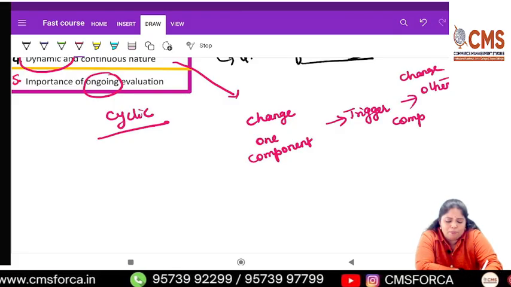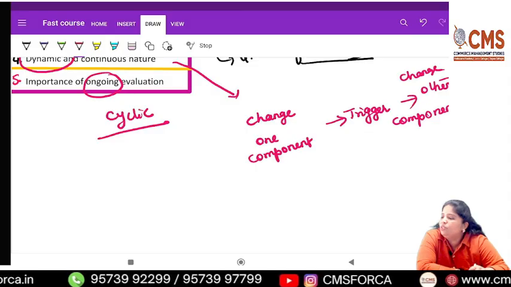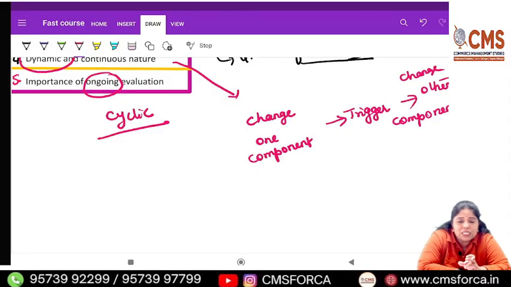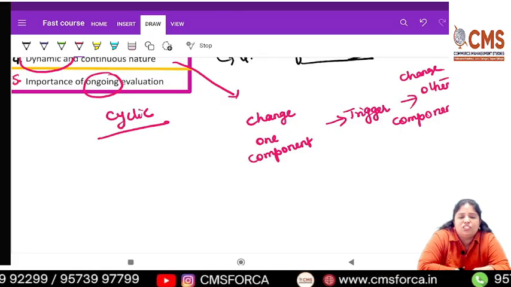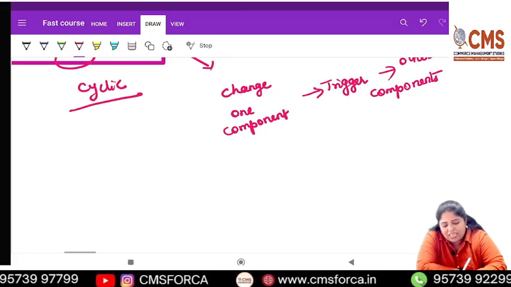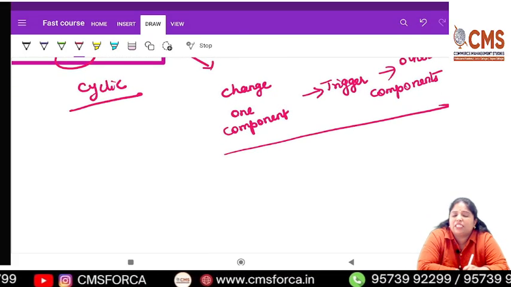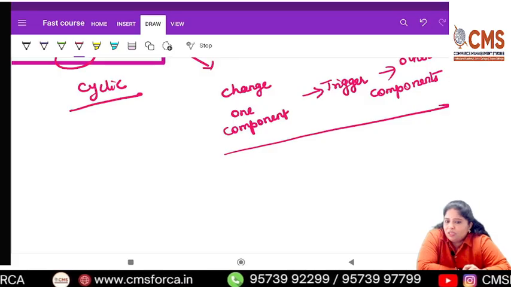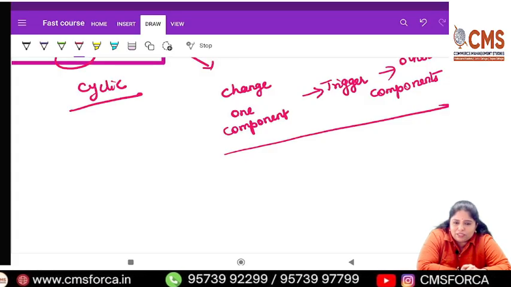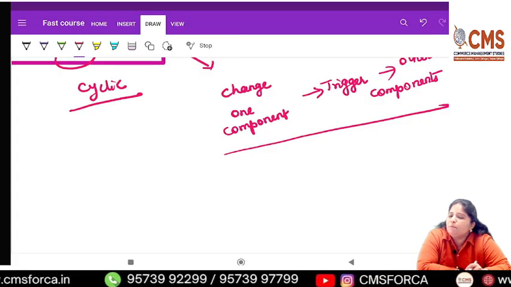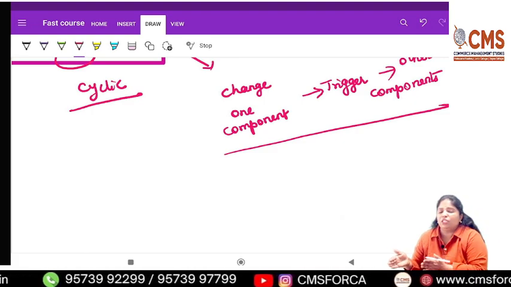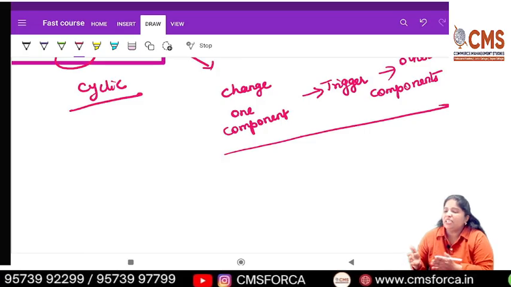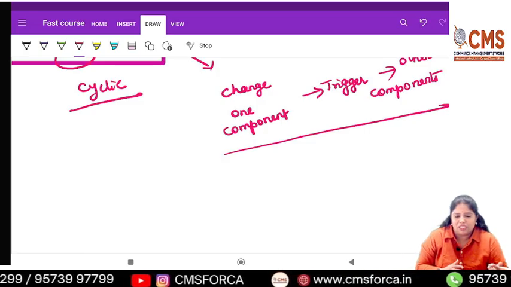So when one component is changing, obviously you need to change other components. This is called the dynamic nature of strategic management, and because this effect is managed, it is called the ripple effect. You understand the word ripple effect? Now, what do you mean by ripple effect? You are changing one component, and you are obviously forced to change some other components.